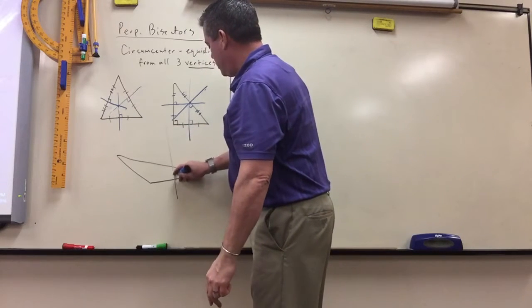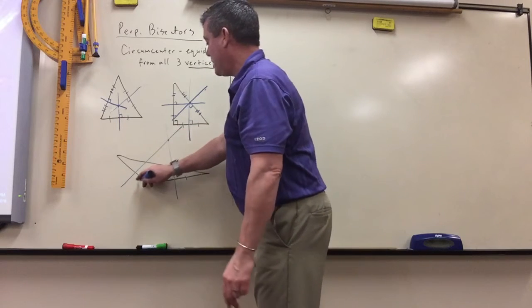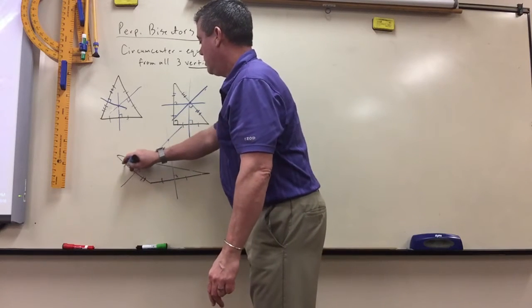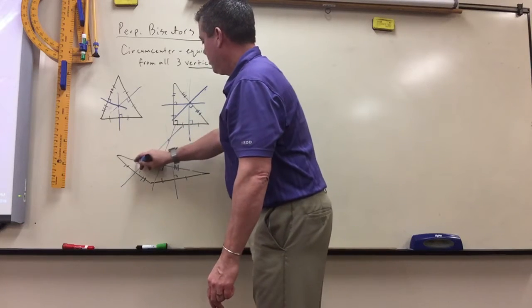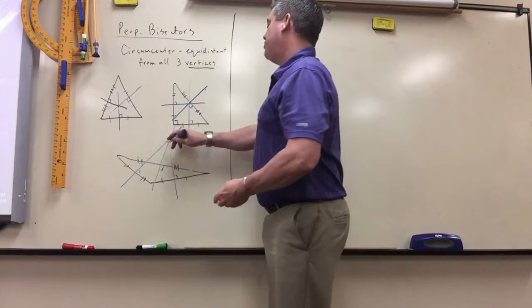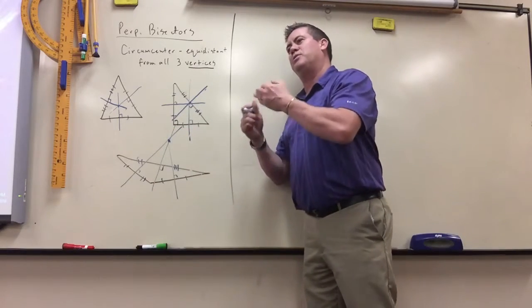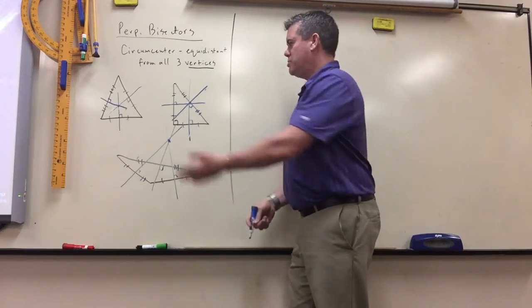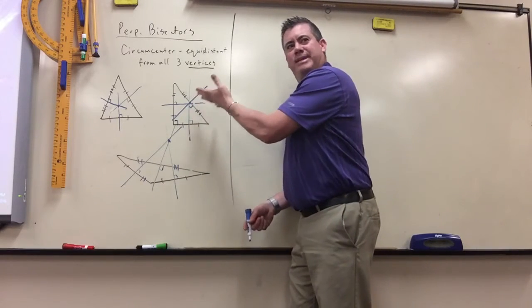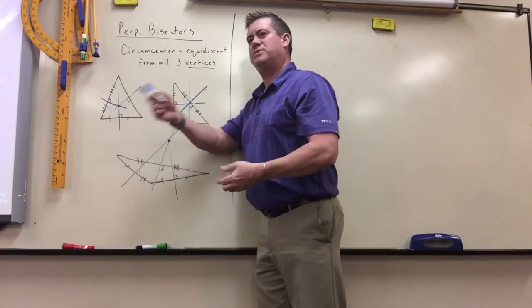So on this one, they'd intersect outside. If they asked you, do the perpendicular bisectors sometimes, always, never intersect on a triangle? You'd say sometimes.